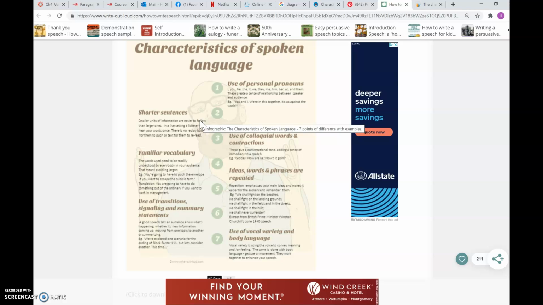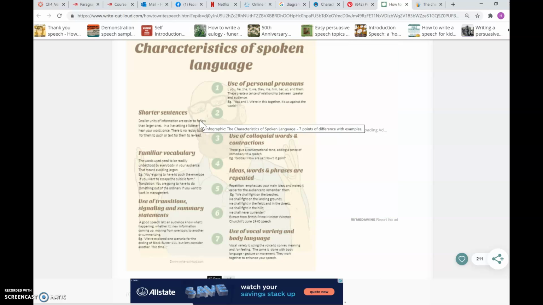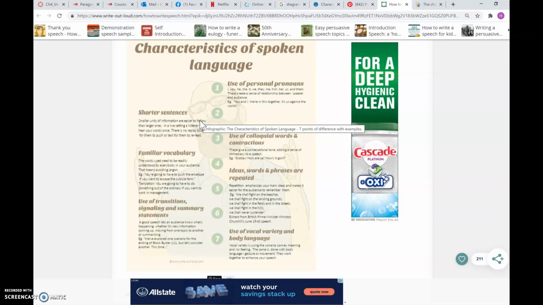Good speeches, good spoken language uses transitions, signaling, and summary statements. So it helps guide the audience through the process. Again, this often has to do with repeated words. It often has to do with transitional elements and signposts.